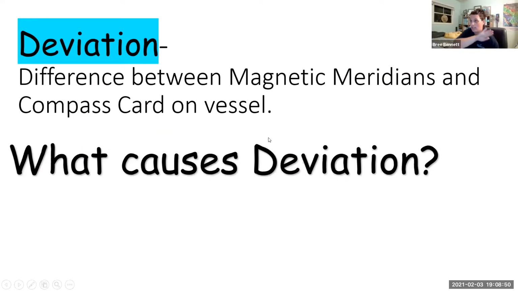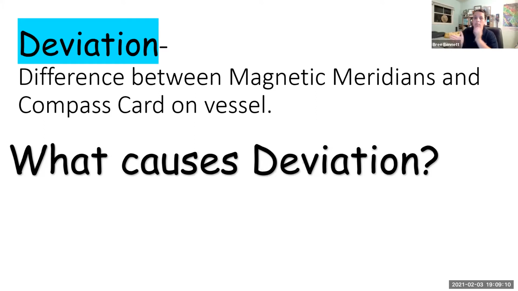Okay, now we're going to talk about deviation. So again, deviation is based on your vessel. The error is introduced because of the magnetism on board your vessel versus the Earth, and that's variation.